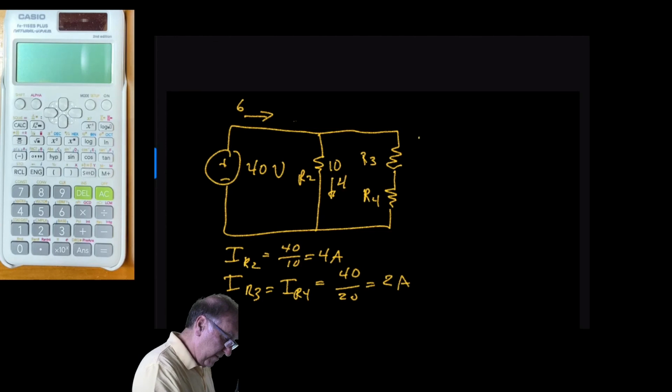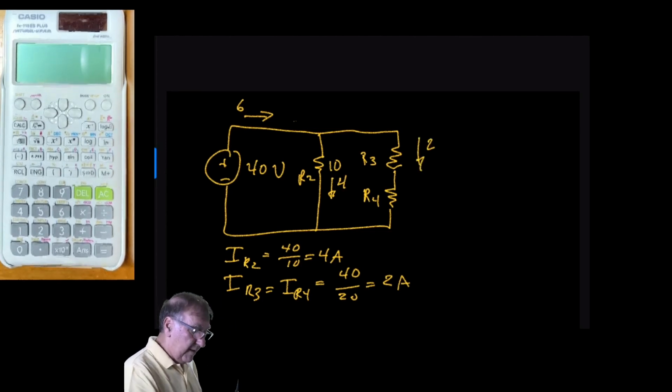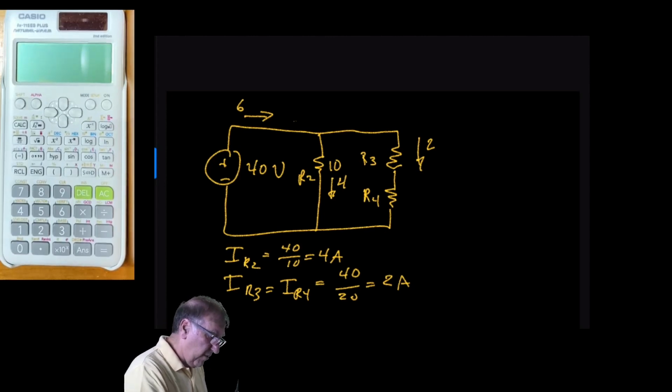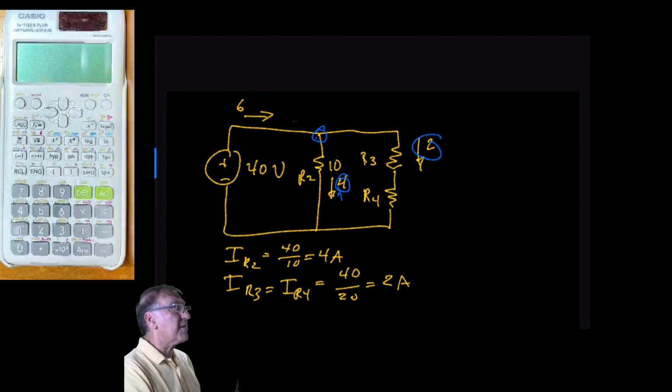So we have 2 here. And if we look at the currents at this node right here, we'll see we have 6 amps going in and we have 4 amps leaving the node, as well as 2. So 4 plus 2 equals the 6.